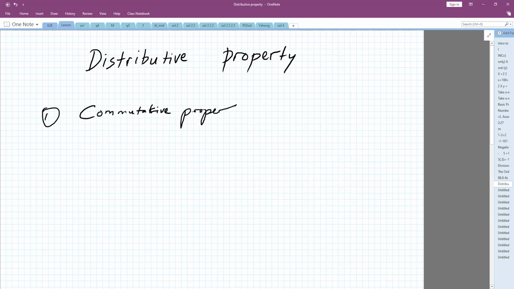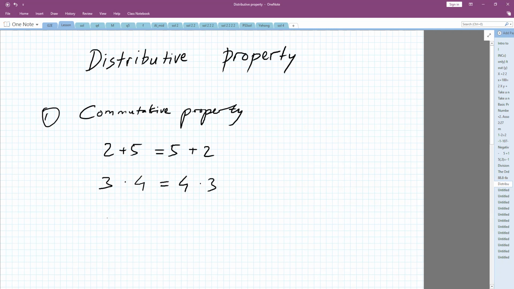Now, what happens is if you have, for example, two numbers, 2 plus 5, switching to 5 plus 2. And if you have, for example, 3 times 4, switch it to 4 times 3. But be careful when you have subtraction.